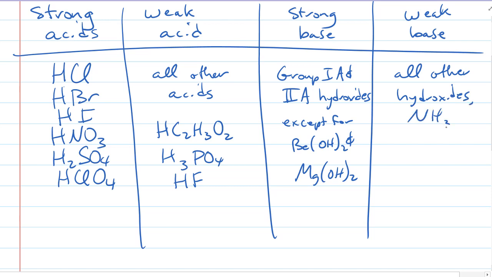NH3 is listed, and it turns out that there's many others that come under this category as well. So if I were to memorize anything, I'd memorize these two right here. Memorize your strong acids and your strong bases. So any other acid that you encounter is going to be a weak acid. Any other base that you encounter is going to be a weak base. And we'll start with these facts on Thursday, and we're going to apply them to chemical reactions.